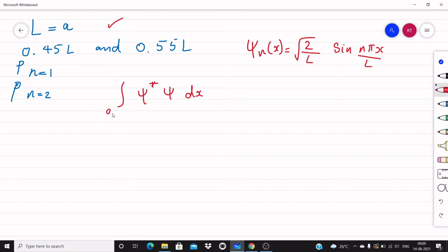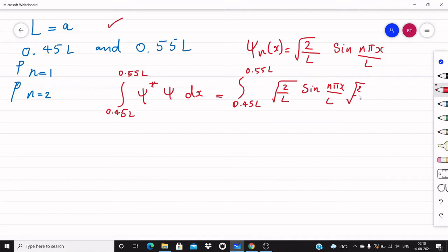You are supposed to calculate the probability from 0.45 L to 0.55 L. So this is equal to the integral from 0.45 L to 0.55 L, applying the values of psi star, the constant square root of 2 by L, sine n pi x by L, then again the constant square root of 2 by L, sine n pi x by L, dx.